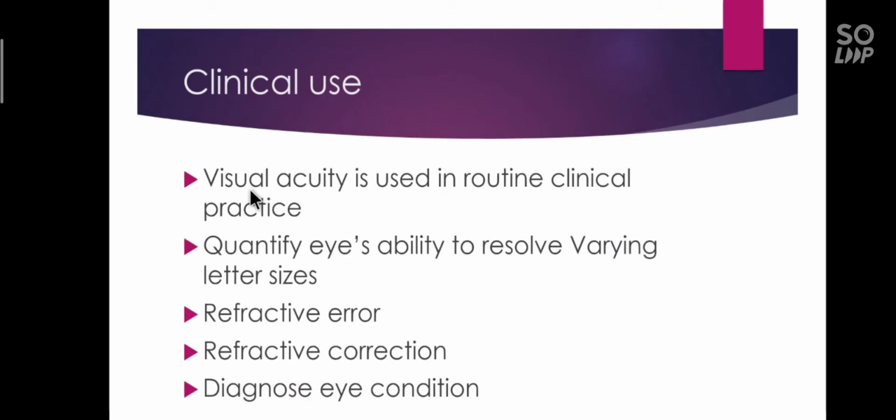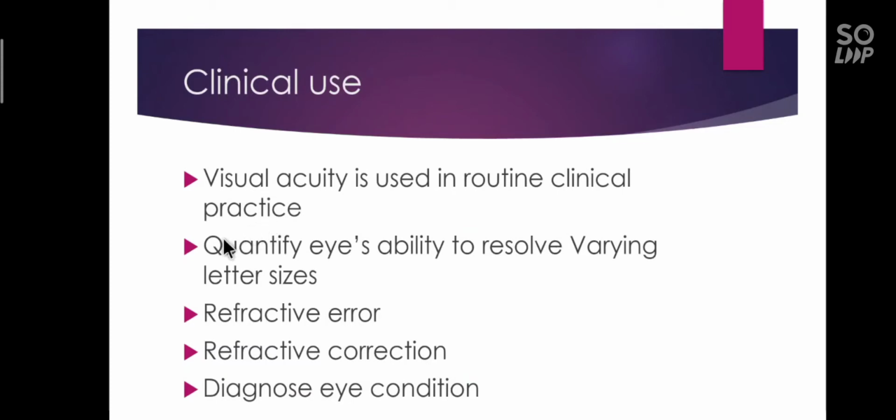Before knowing what is visual acuity, we should know the clinical use of it. Visual acuity is used in routine clinical practice. When a patient enters an optometry clinic, the first test after history taking is visual acuity. It is used to quantify the eye's ability to resolve varying letter sizes.